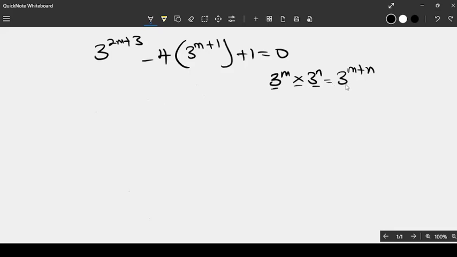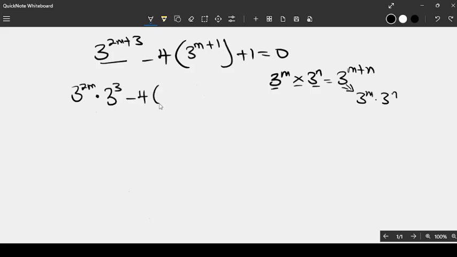This one can also be split into 3 exponent m times 3 exponent n. So applying the same concept here, we can split this one into 2. So we are going to have 3 exponent 2m times 3 exponent 3, so that when we write this one using the law of indices, we'll get back to this.